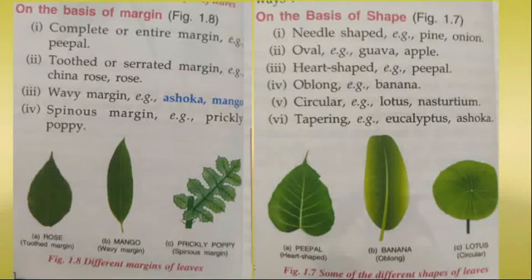The examples for these are the leaf of peepal, China rose, Ashoka, mango and prickly poppy. On the basis of shape, leaves are classified as needle shaped, oval shaped, heart shaped, oblong, circular and tapering. The examples for these shapes are pine, guava, peepal, banana, lotus and Ashoka.